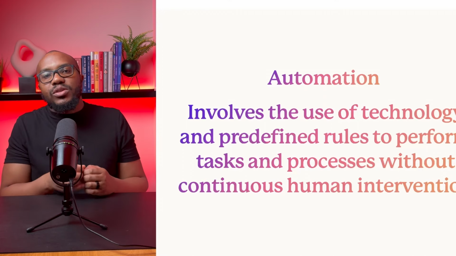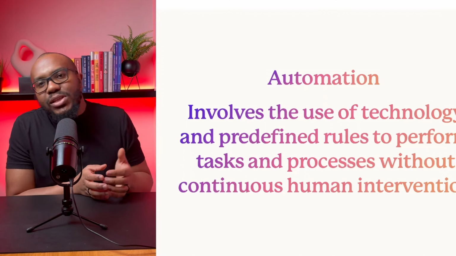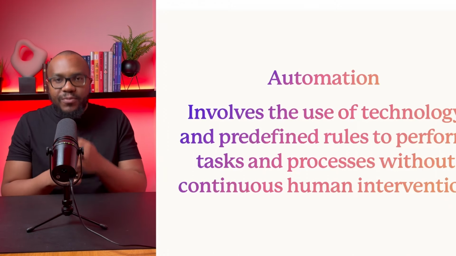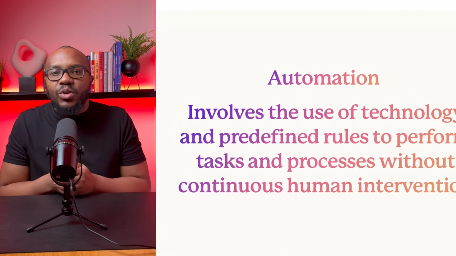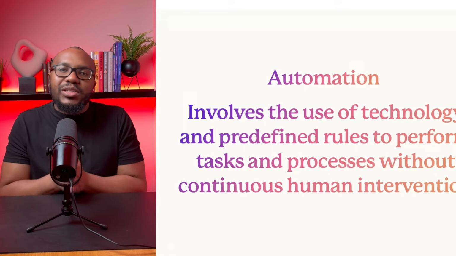This is actually good because even technology makes mistakes sometimes, but us humans, we make a lot of mistakes. So if you can remove us and leverage this technology, it will be so much better because there are fewer mistakes being made.